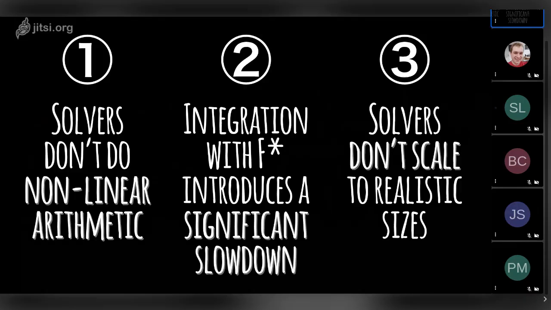So it's a tiny subset of nonlinear arithmetic, and there's nothing about exponentials or logarithms or trigonometric functions. And of course, the logics that include these things are wildly undecidable, so it is expected that they wouldn't support those. Now, secondly, integration with F* actually introduces a significant slowdown.